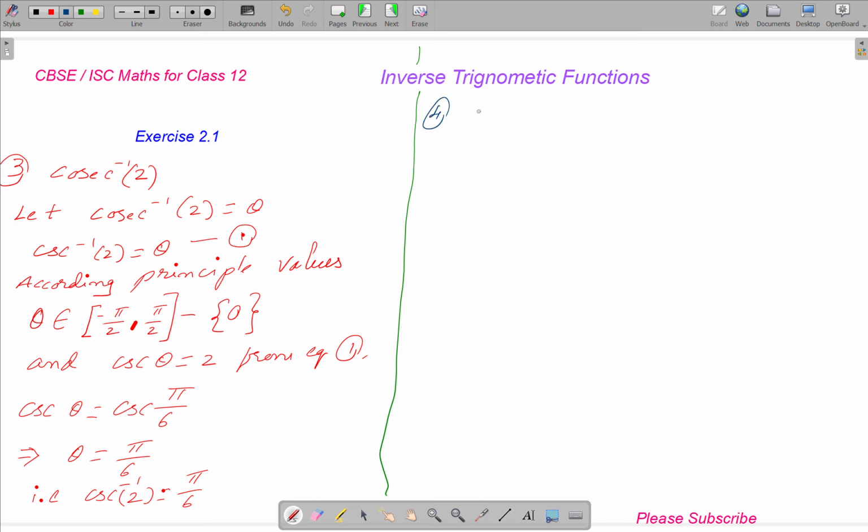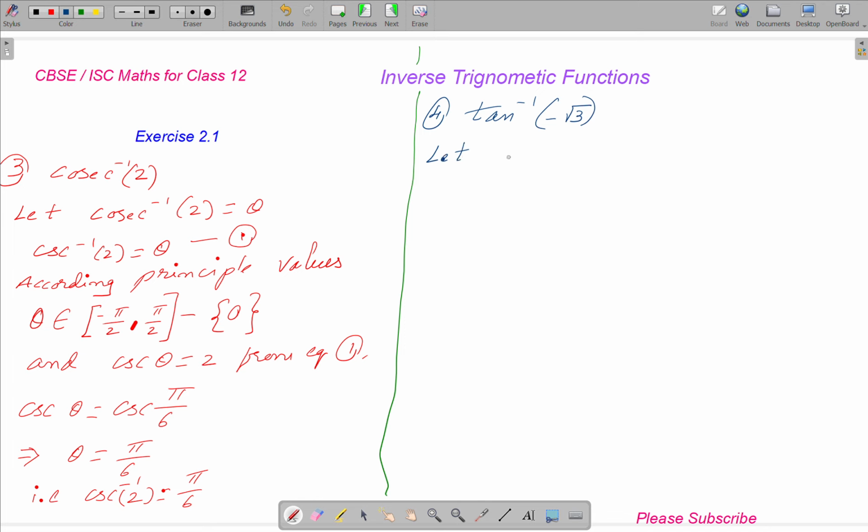Now question number 4: tan inverse minus root 3.